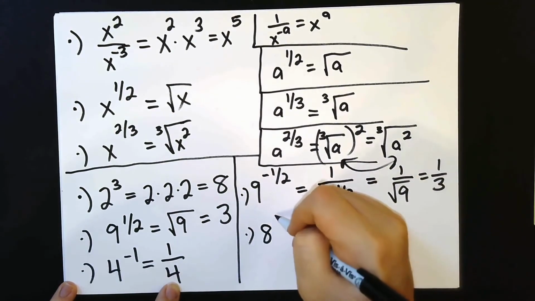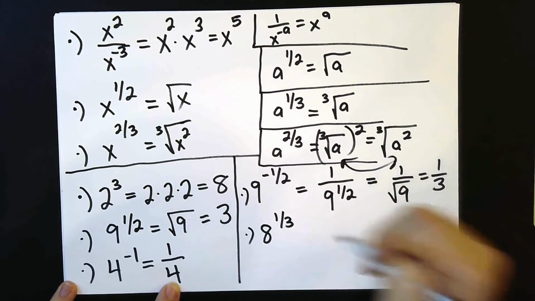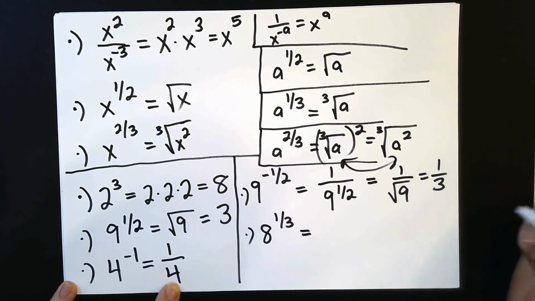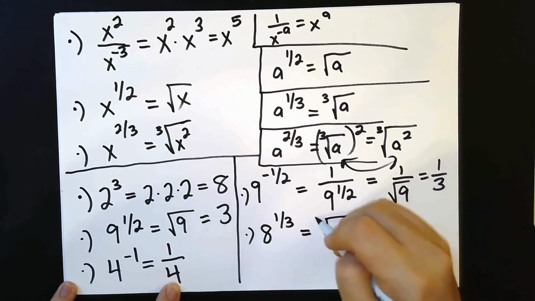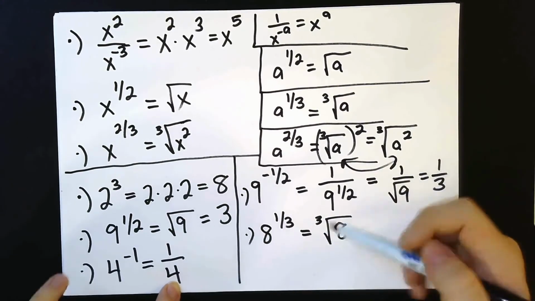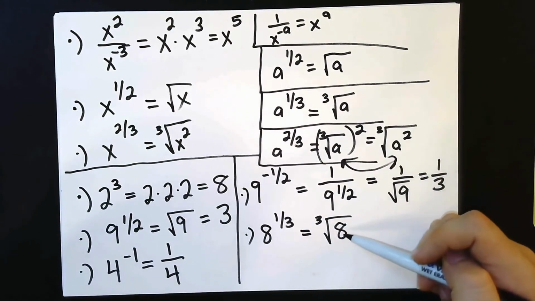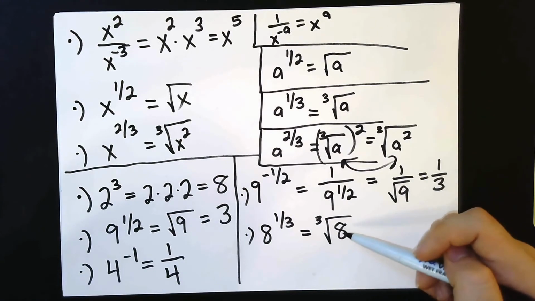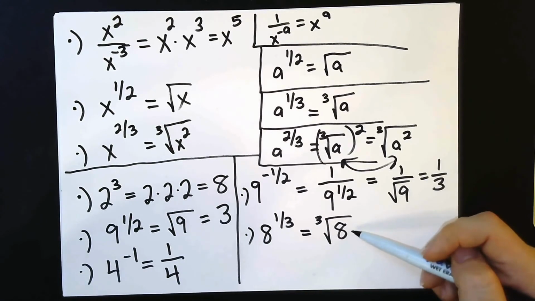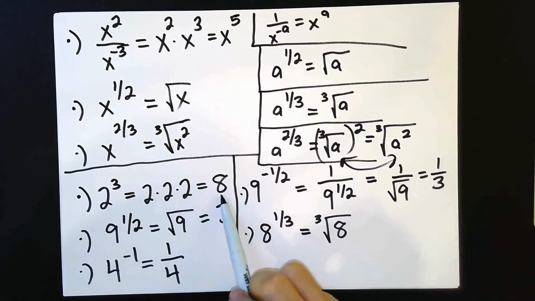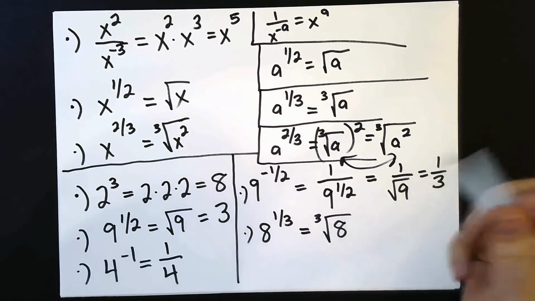What about something like 8 to the 1/3 power? Well, this is going to be the cube root of 8. The cube root of 8 is supposed to be the number that if I multiply it by itself 3 times, I get 8. And actually, we saw just a moment ago that that number is 2.